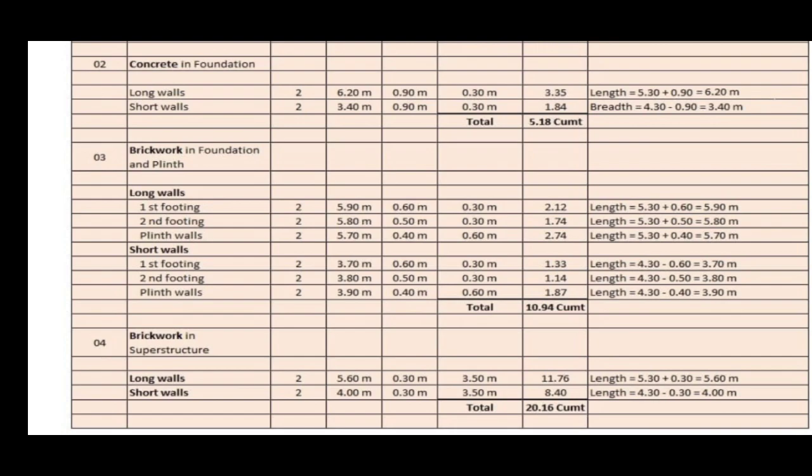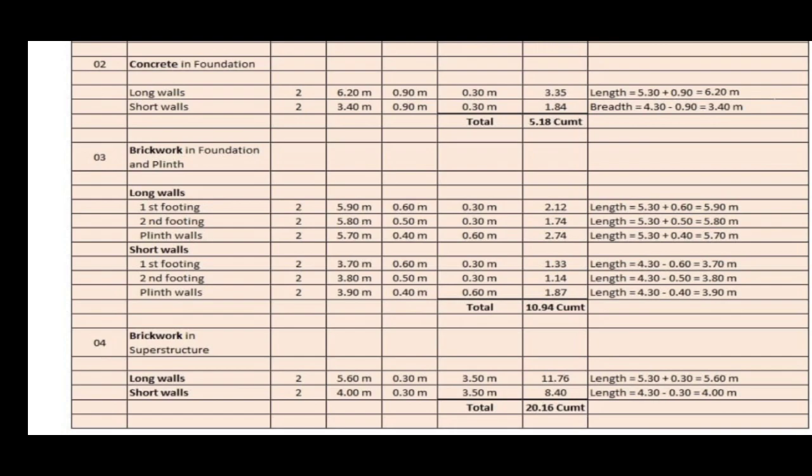Therefore the multiplication of all these dimensions for long wall gives the quantity of 11.76 meter cube brickwork for long walls and 8.40 meter cube brickwork for short walls. Now the addition of both the brickwork quantities in superstructure gives the total quantity of brickwork in superstructure as 20.16 cubic meters.